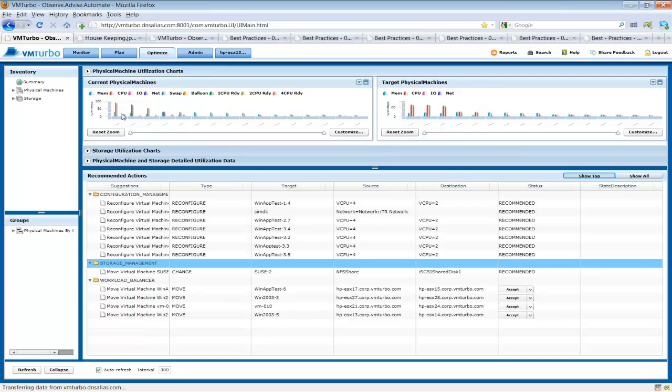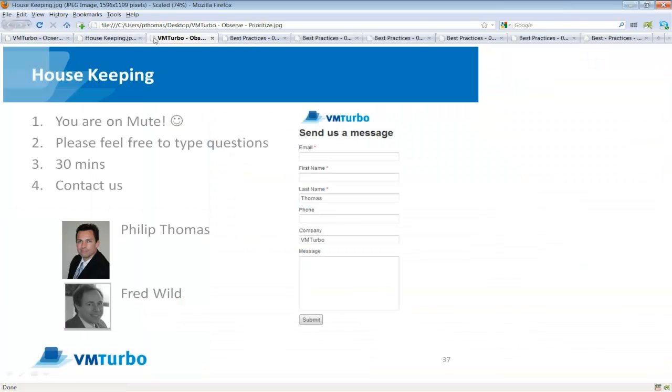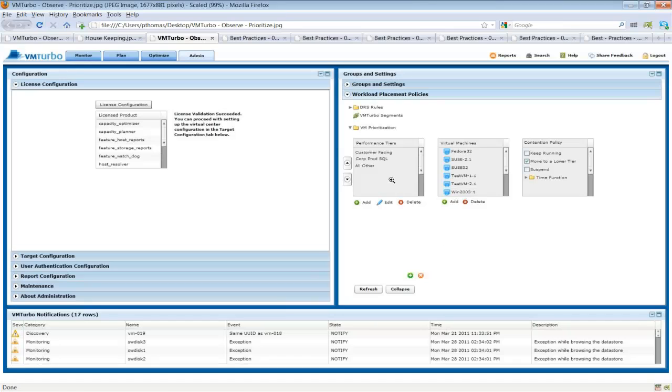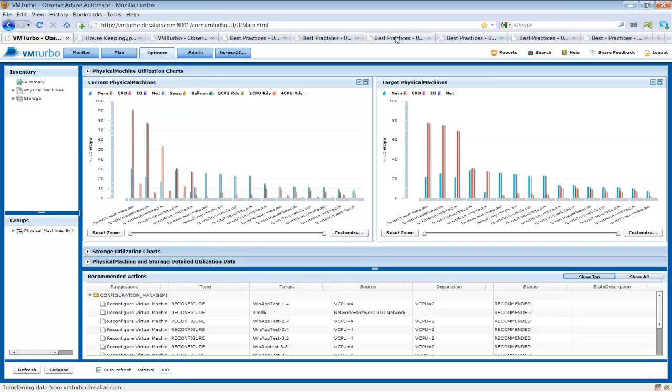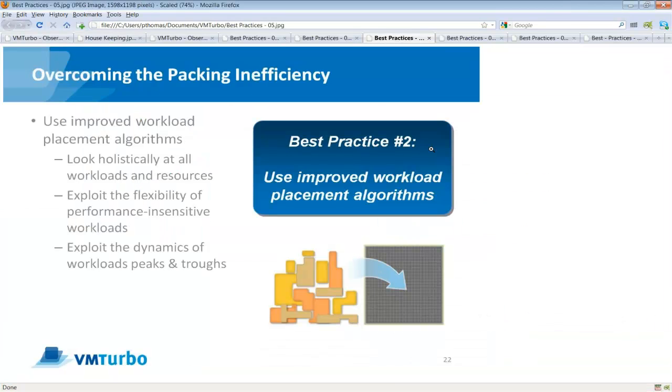And without that ability to prioritize the resources, you don't differentiate between those machines needing the high-performing physical resources and those that don't. That optimization capability is invaluable for affecting best practice number 2.